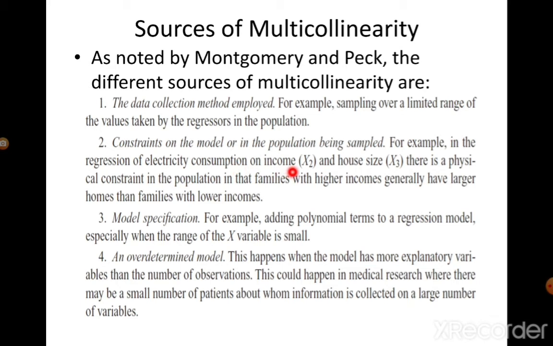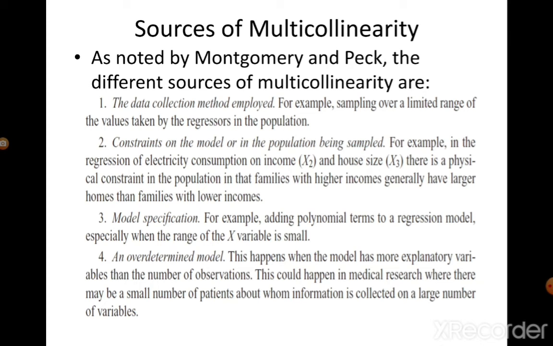Our two explanatory variables are income and the size of the house, right? As you can see, in most of the population, families with higher incomes generally will tend to have larger homes, and similarly families with lower incomes will tend to be the families with smaller house sizes. So the constraints on the model itself might be such that our x variables are highly correlated.